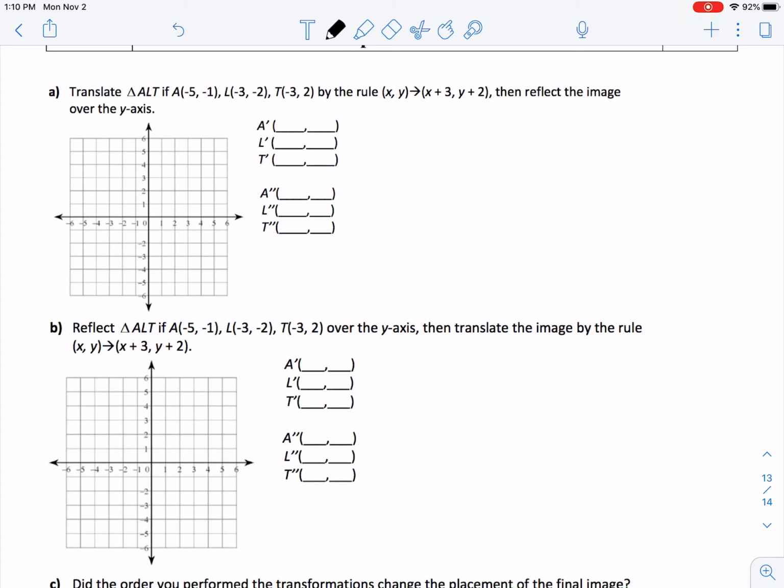Again, closest to the origin. It'll probably be L, -3, -2. Translate it by the rules. So I'm going right 3, up 2. Right 3, up 2 gets me to the origin. And then reflect over the y-axis.